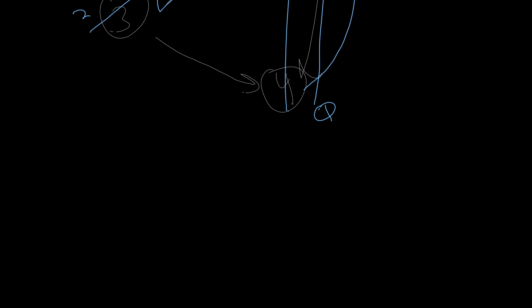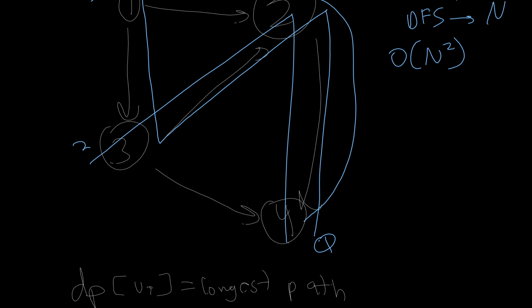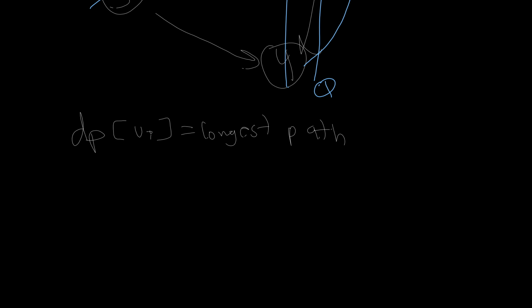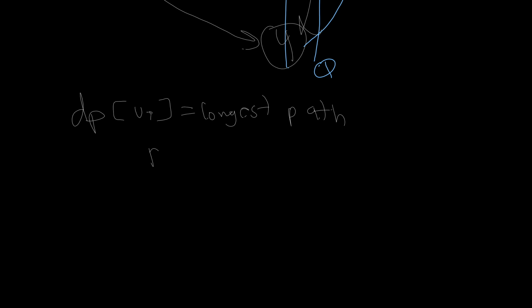Okay, since there are no cycles, what we can try to store is DP for each vertex. We can try to find the longest path, okay? So how can we reuse information, right? If you want to do some type of DFS, what would be redone, right?